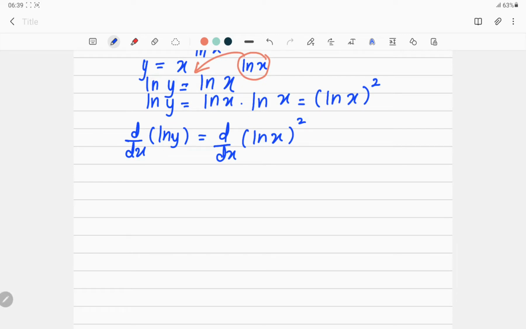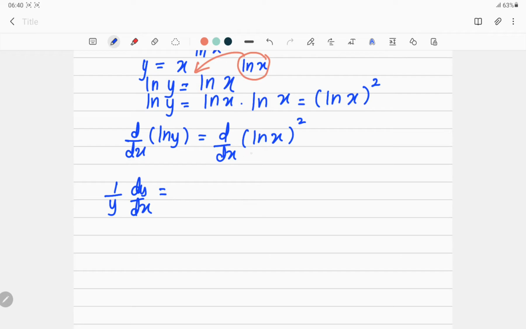So when we differentiate ln y, we get 1 over y dy/dx. Must remember that when you differentiate y, we get dy/dx. So the left hand side is settled, and then we refer to the right hand side.